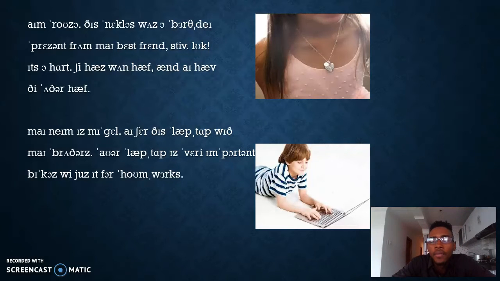In the last picture we can see a boy who is using his laptop. "My name is Miguel. I share this laptop with my brothers. Our laptop is very important because we use it for homework." It's a good idea. So they use the laptop to look for new information or to do homework.